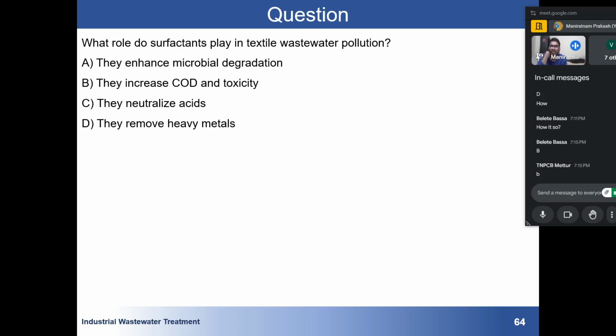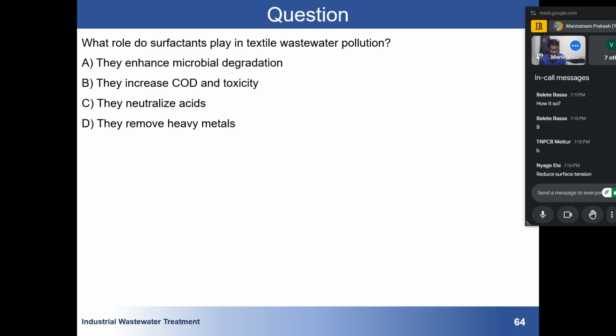What role do surfactants play in textile wastewater pollution? First question is, what are surfactants? Anyone? Reduces surface tension.